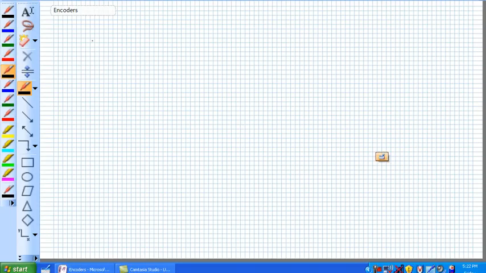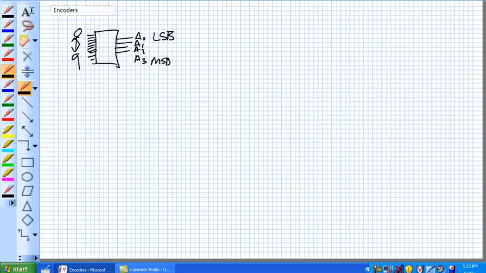In its most basic form, just think of a box. Let's just do 10 inputs, and there's 4 outputs there. Say this is a decimal input, 0 to 9. And here's our low order bit, intermediate bits, high order bits, MSB, LSB.